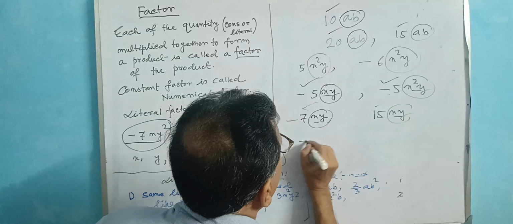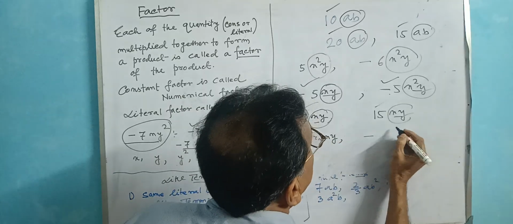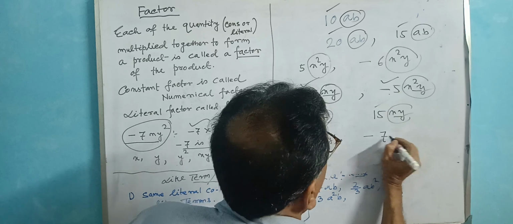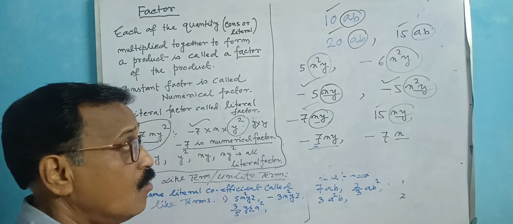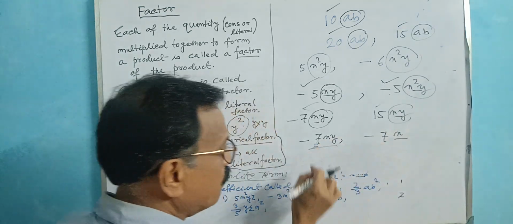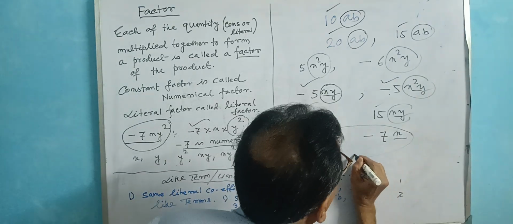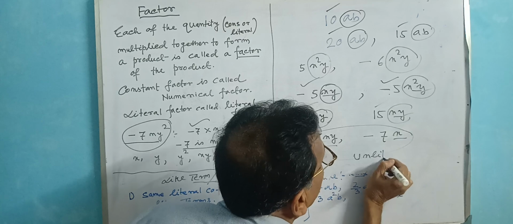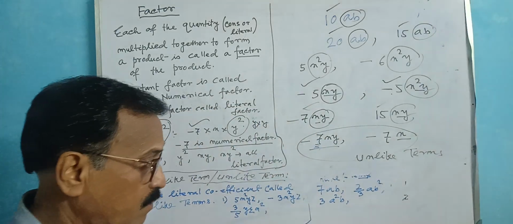If you write minus 7x, all are same, but there is no y. So the literal part is xy, this is x. So this is actually not the like term. This is called the unlike term. Unlike term. Okay. This is very important.